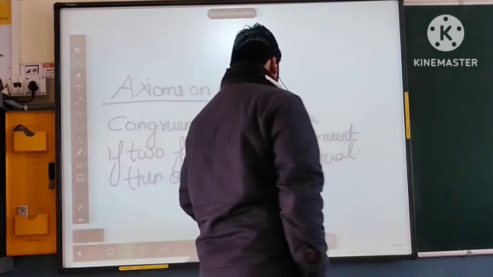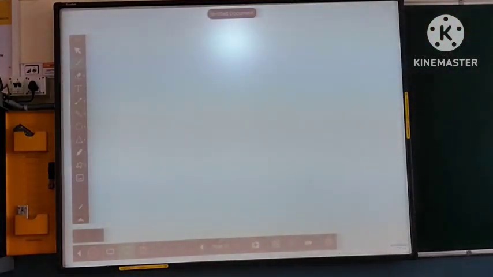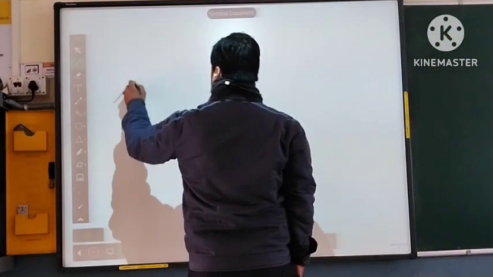So if they are congruent, area will be equal. I told you earlier when discussing similarity and congruence: congruence means areas are equal, corresponding sides are equal, corresponding angles are equal, but similarity means ratio of sides is equal. So if two figures are congruent, not only triangles, their areas will be equal.